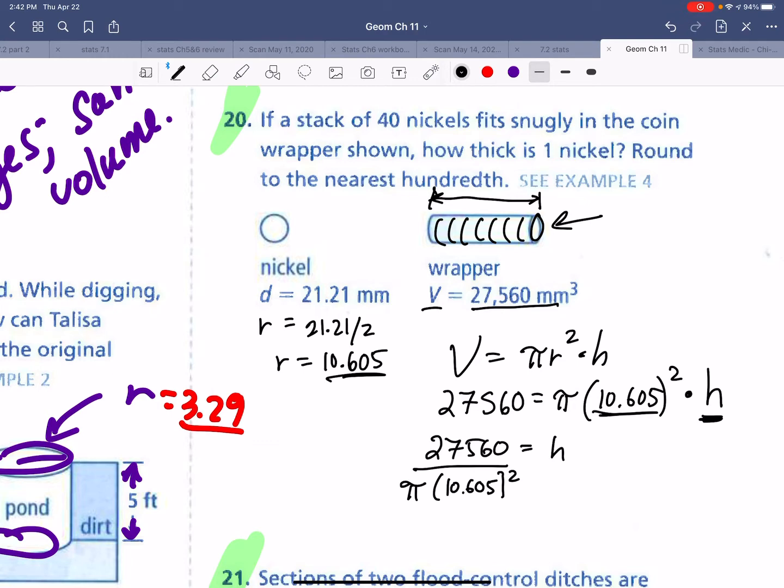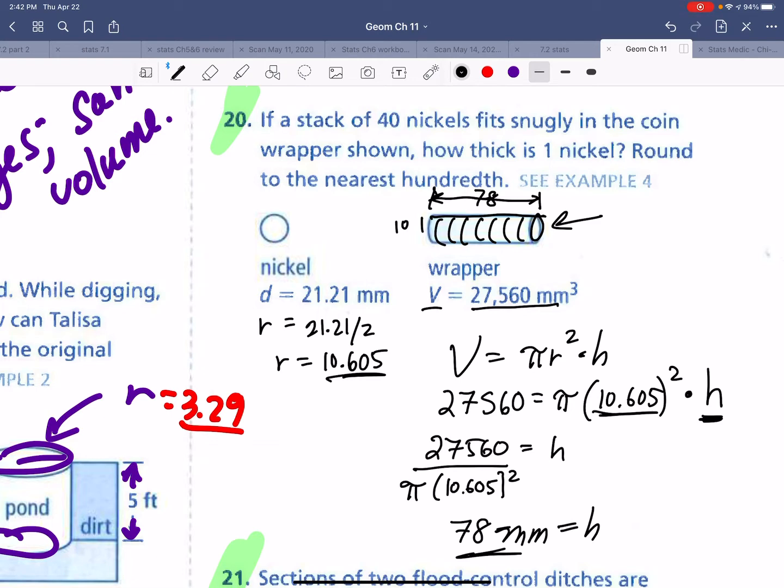Choose 7.60. Okay, so I get 78 millimeters is my height. And that should make sense. So if this diameter is 10, this is 70 of those, 78. That makes sense. Okay. Now, I put 40 nickels in there.